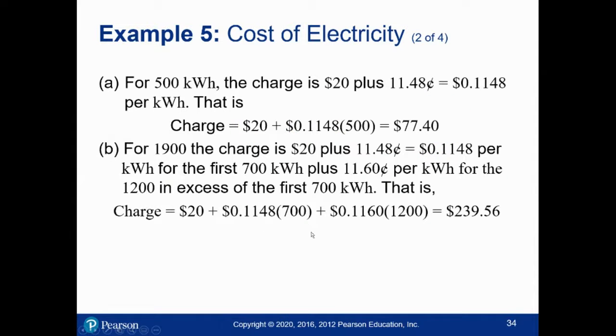So we have a total of the $20 base fee, 700 kilowatt hours at this price, and then the next 1200 kilowatt hours at this price. Okay, the total was 1900 and the price changed at 700, which means 1200 kilowatt hours are charged at this higher price. And if you simplify this down, you get $239.56.